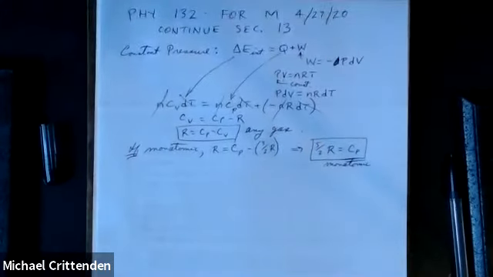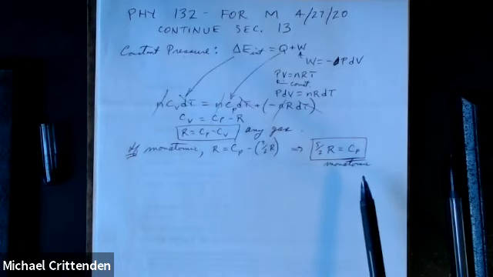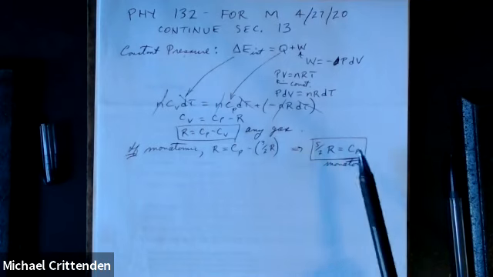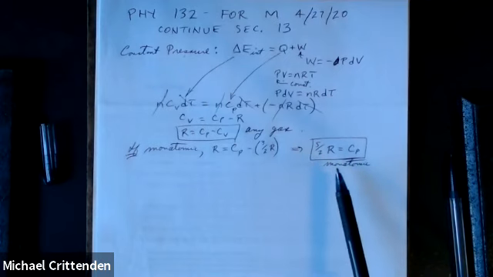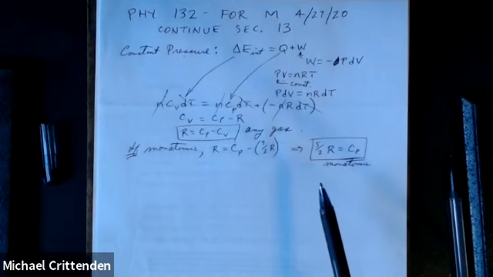For a monatomic gas only. For other kinds of gas, CP would take on different values. But for a monatomic gas, the constant pressure molar specific heat should be equal to 5/2 times the gas law constant. And there again, if you go and measure it, that is in fact what you find is true for helium or argon or neon or those sorts of things.